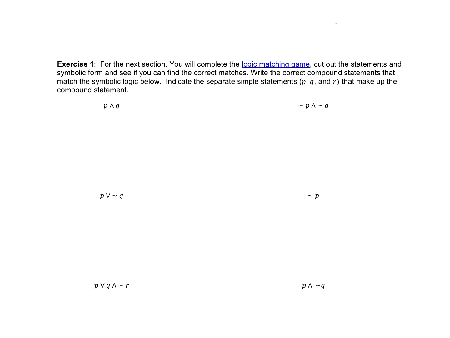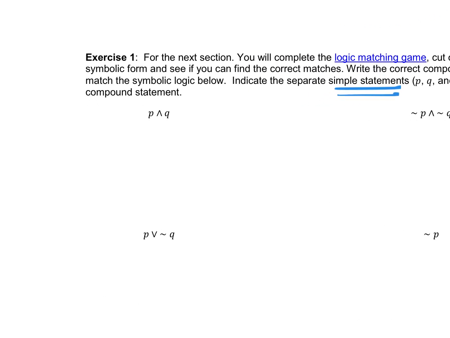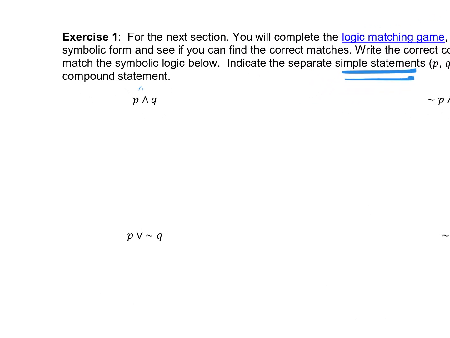Now, one thing that we do want to do is write what the simple statements are and basically define what our P, Q, and R are. And so the P and Q, that's what this notation means again, is I like cats and dogs. And so our P would be the statement, I like cats.